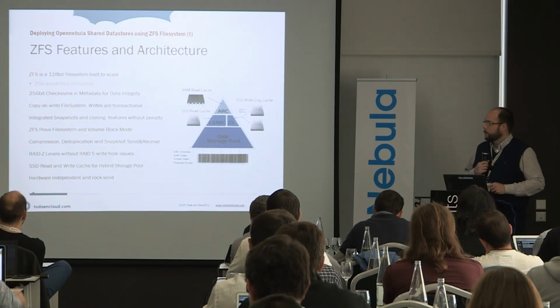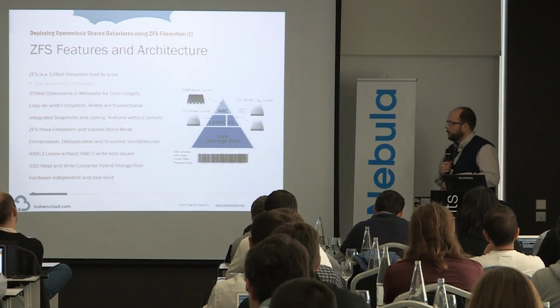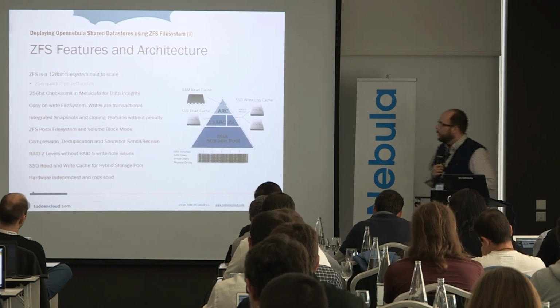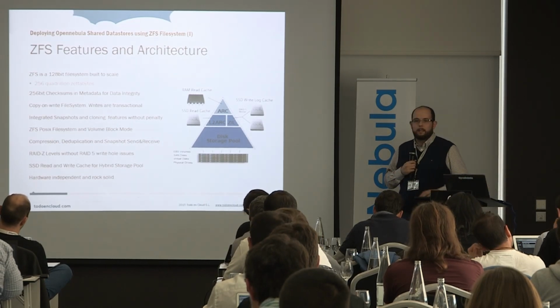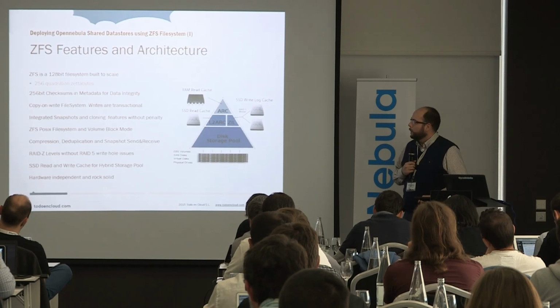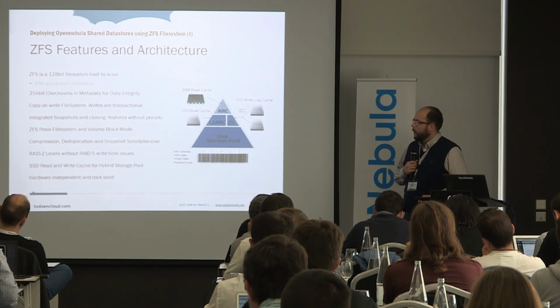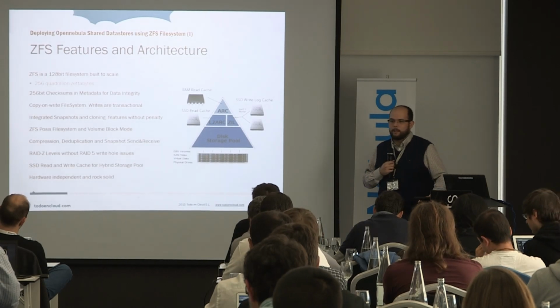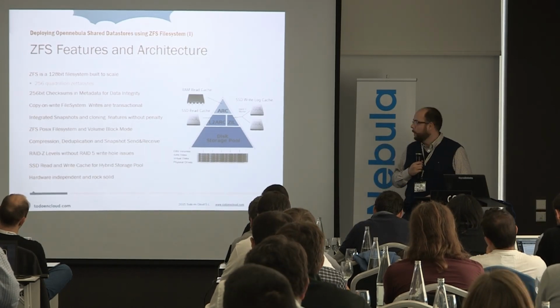The Cfs features and architecture are extremely large, but I think that the Cfs file system has been created especially to scale. It has the capability to manage 256 quadrillion zettabytes, which is a huge amount.